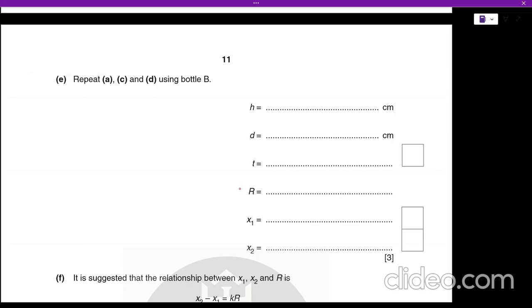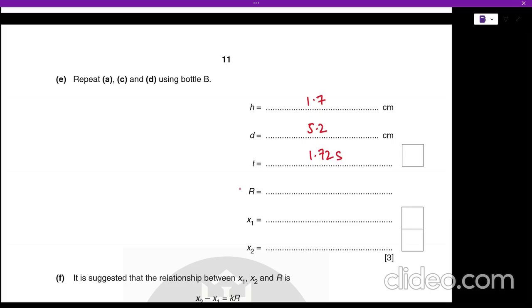So let's just assume that this water bottle has a shorter distance between the two lines, so it is going to be 1.7, and the diameter is also small, so it would be about 5.2, and the time would be less, since the diameter is small.